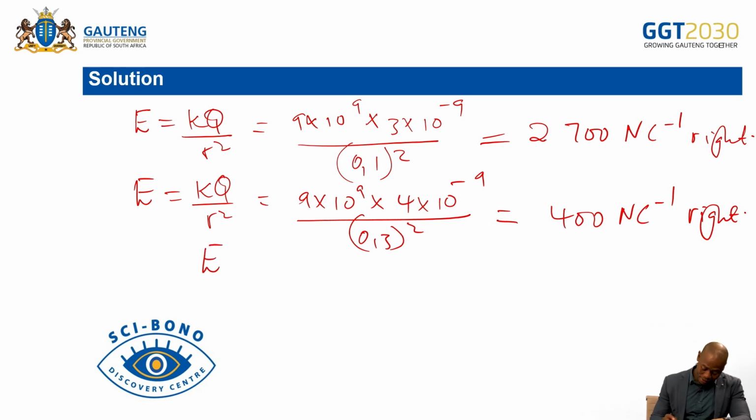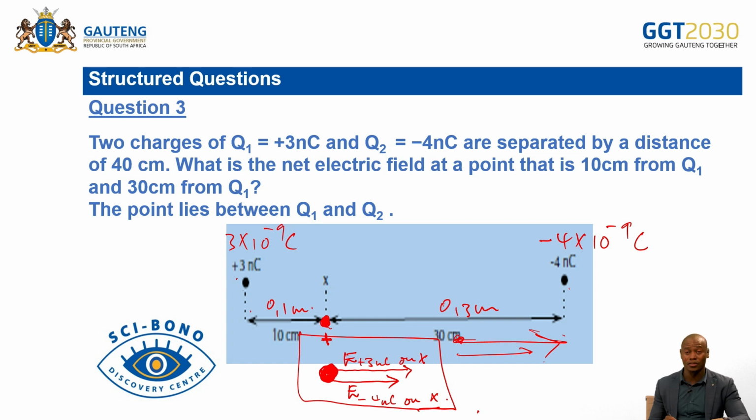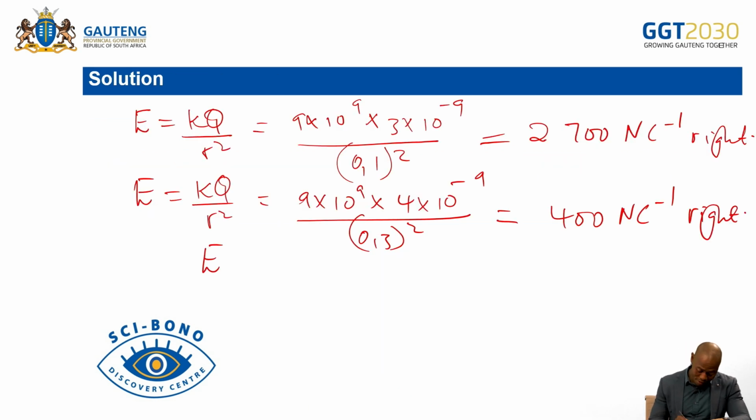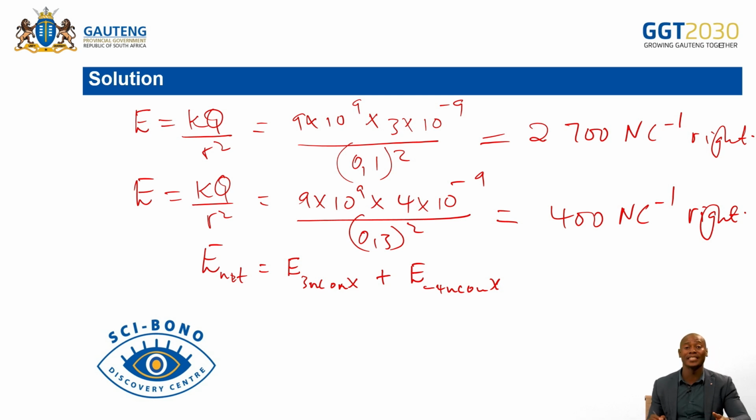Then the net. So you can see both of these vectors are acting along a straight line and they're acting in the same direction. So I'm taking this direction as positive. Why am I choosing a direction? Remember, electric field is a vector, right? So E net will be E exerted by positive 3 nanocoulombs on X, plus E exerted by negative 4 nanocoulombs on X. Fortunately, they're acting in the same direction, so we are taking that direction as positive.